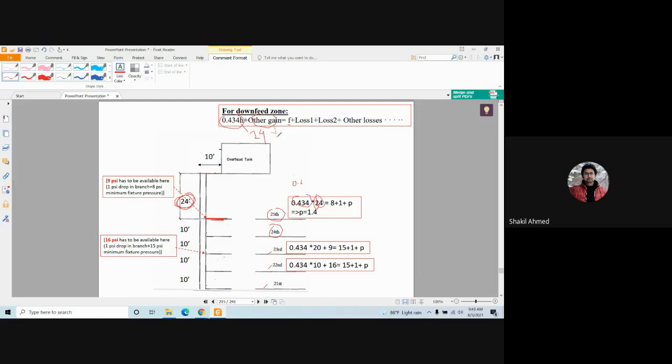You don't have any other gain, so this is 0. What is your minimum fixture pressure here, guys? Are you using a flush tank or flush valve here? Flush tank. For a flush tank, the minimum fixture pressure is 8, so put 8 here.